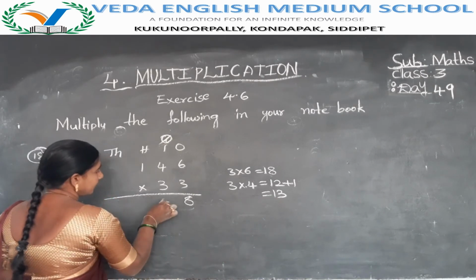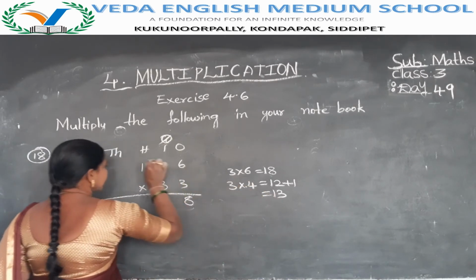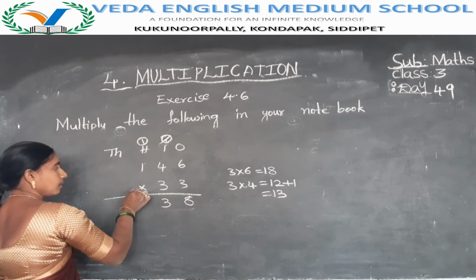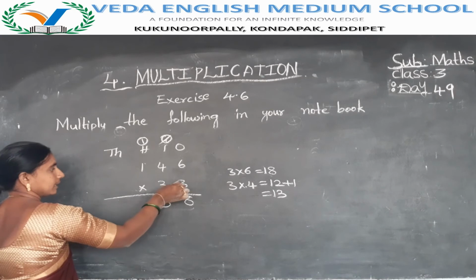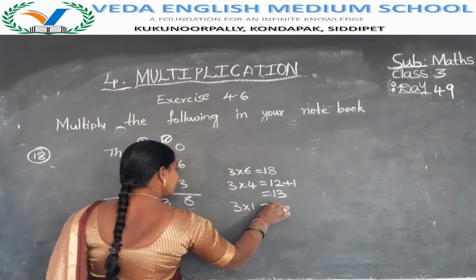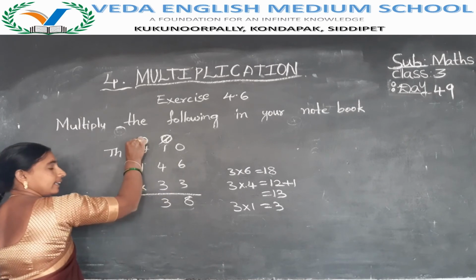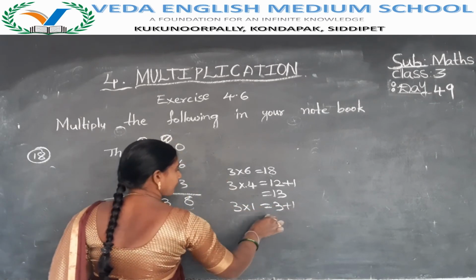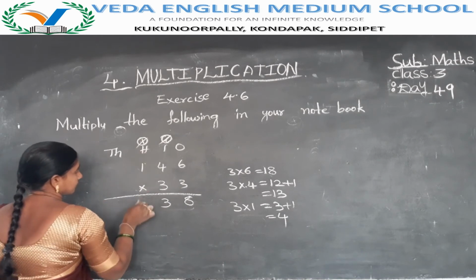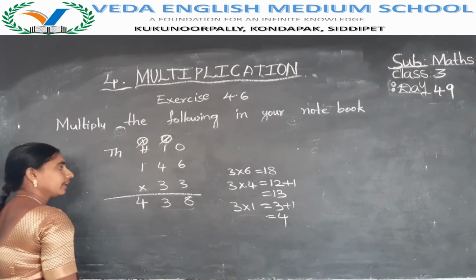So but here 3. This one carry to 100th place. Okay, now the multiply in the 100 place. 3 into 1. 3 ones are 3. Plus carry here 1. 3 plus 1 is the 4. So now write 4.